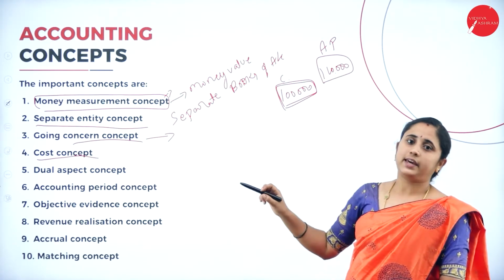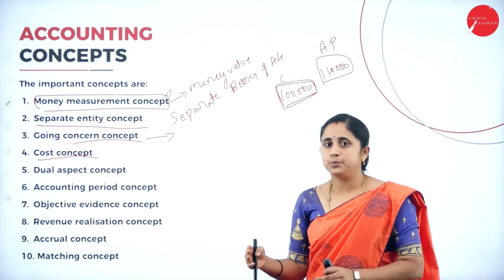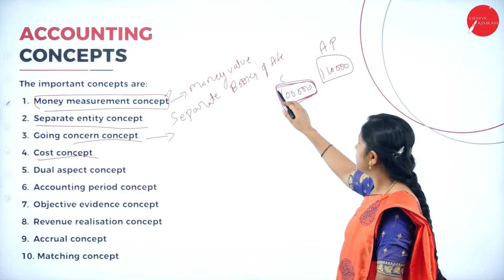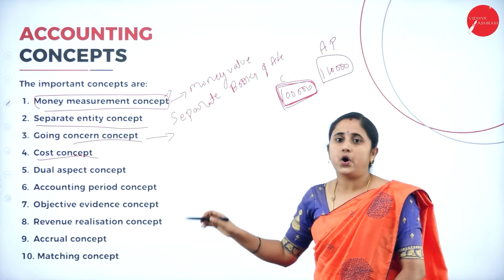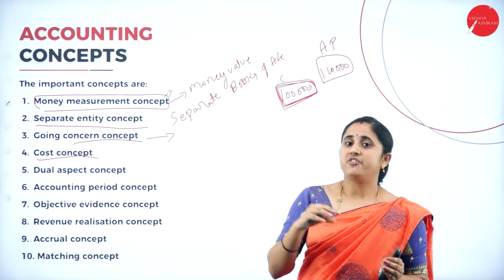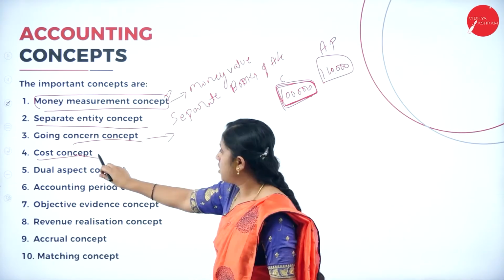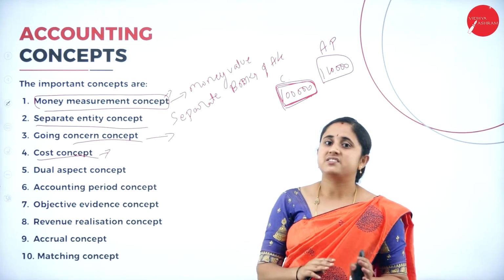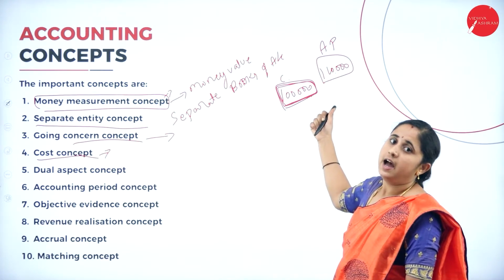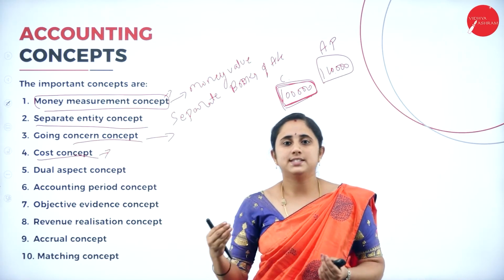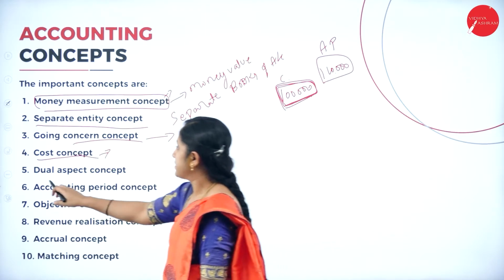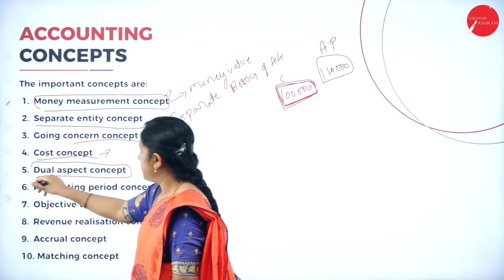So, in this case, while recording the entries in the books of account, you should consider only the cost, not the market price. The cost of acquisition will be considered as the cost for recording the transaction. You should not consider the market value of the asset, and this cost value is the basis for further calculation of this asset.